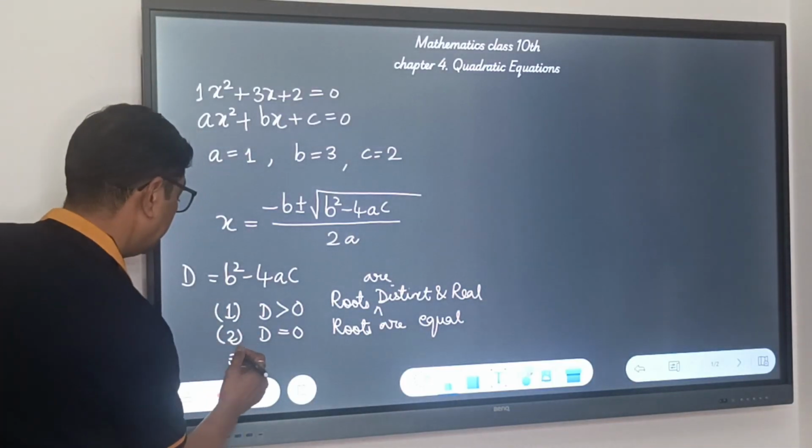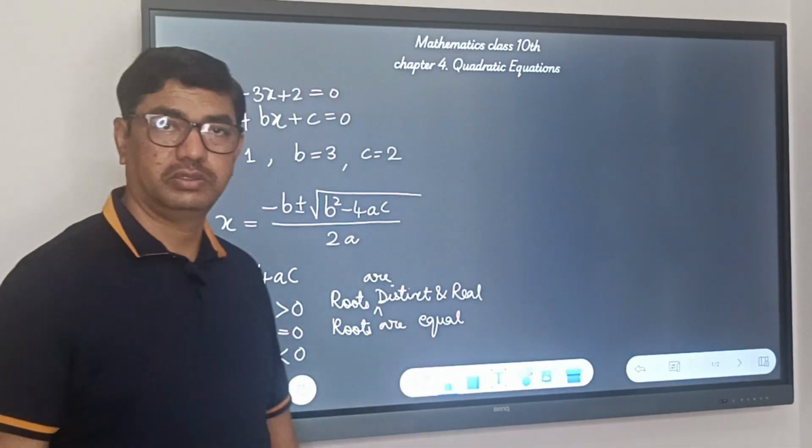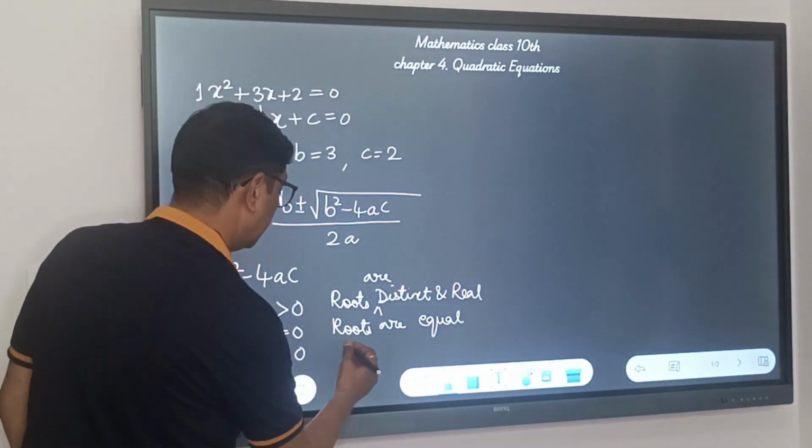And if d is less than 0, then there are no roots.